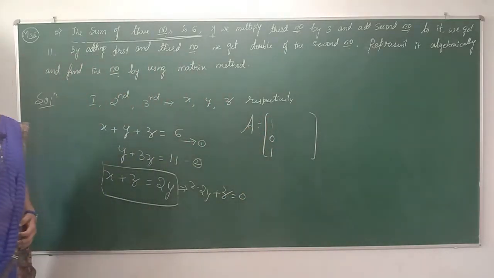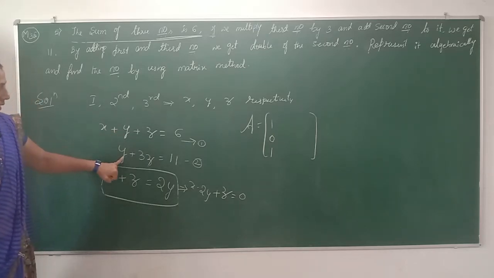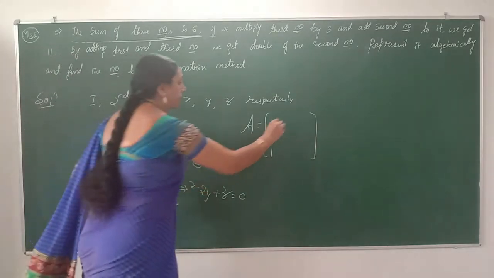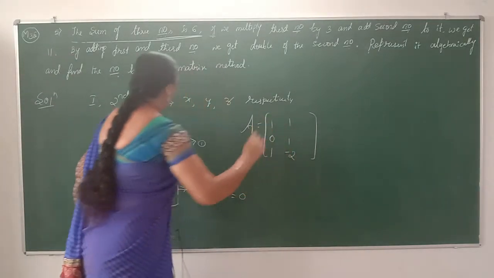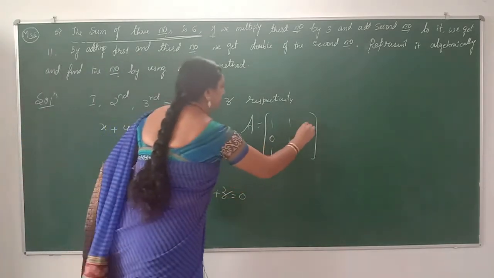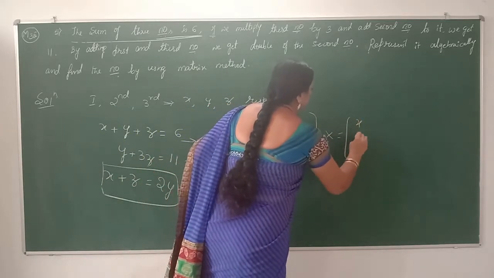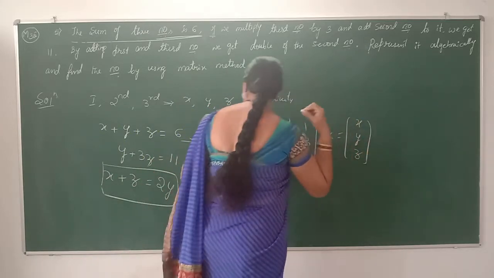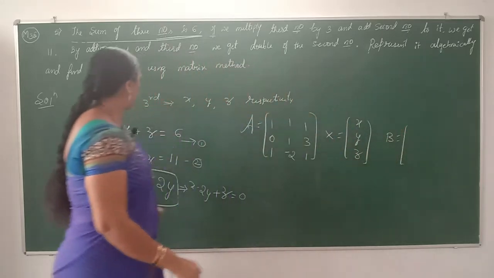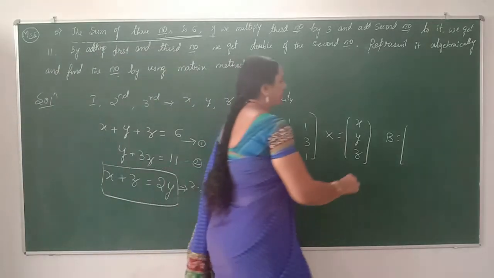In the second column, the coefficients of y are 1, 1, minus 2. And for z they are 1, 3, 1. X is the column matrix of x, y, z, and B is the column of constants from the given equations: 6, 11, and 0.